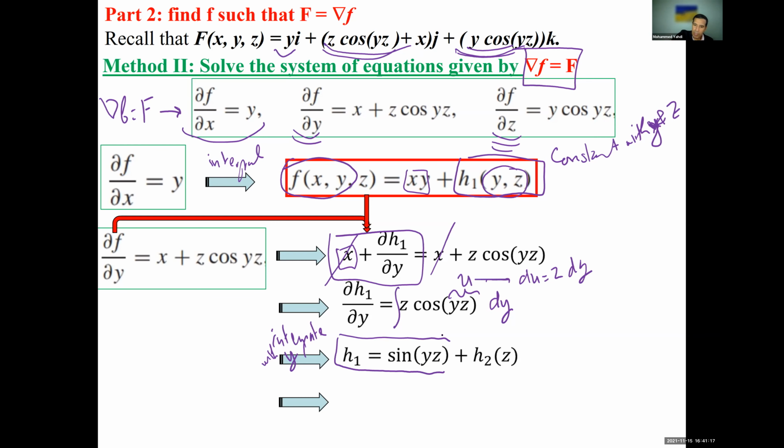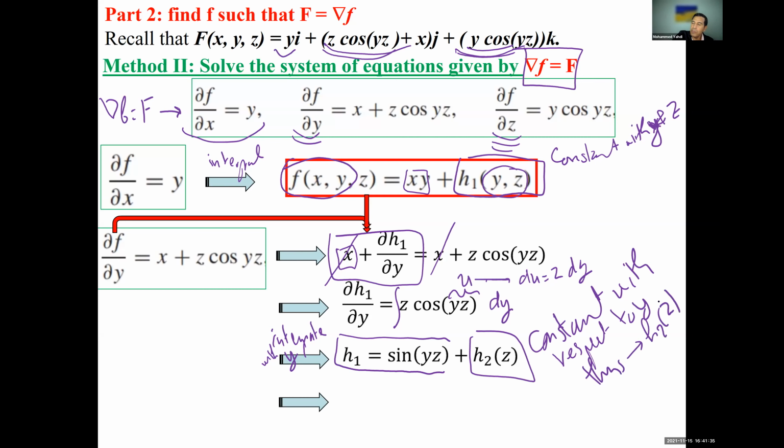However, plus a constant. Remember the constant here? We take the antiderivative with respect to y, thus it's h2 of z. It continues in z; there is no x, there is only z left. And finally, we're going to put all this together back into f.